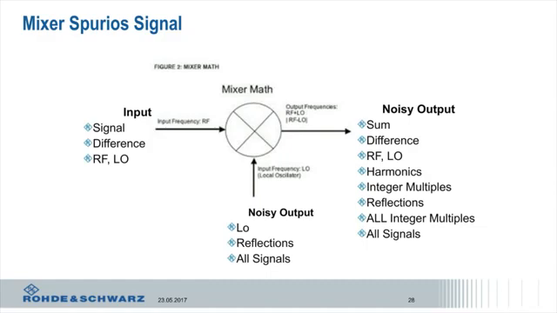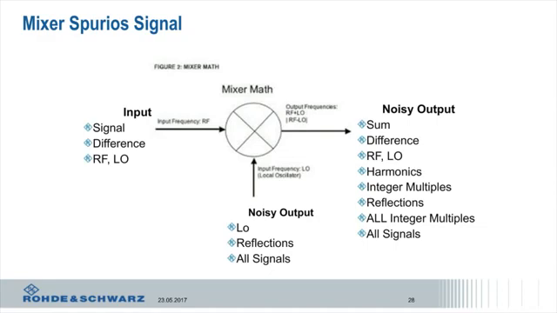I take my desired signal and mix it with the LO so I can get to a lower frequency, and I get the difference. That's typically the desired signal. For example, if I had a signal at 2 gigahertz and wanted to get down to 100 megahertz, I'd put in an LO of 1.9 gigahertz, which is 2 gig minus 1.9, getting me to 100 megahertz.